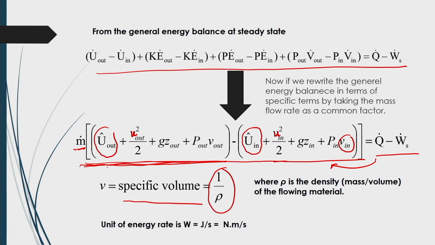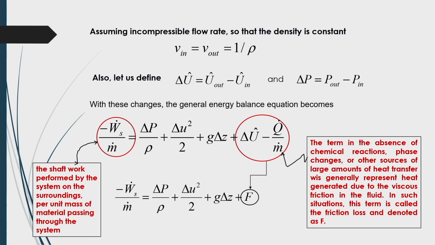In this way we can write this general form equation in specific terms by taking the mass flow rate as a common factor. Now after considering incompressible flow, so that the density is constant, V in will be equal to V out, that is 1 by rho.